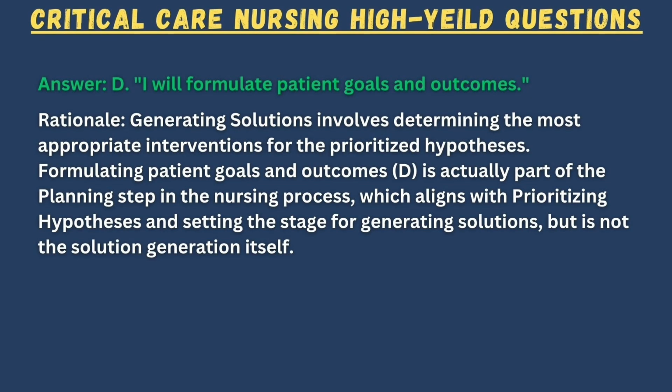Answer: D. I will formulate patient goals and outcomes. Rationale: generating solutions involves determining the most appropriate interventions for the prioritized hypotheses. Formulating patient goals and outcomes, D, is actually part of the planning step in the nursing process, which aligns with prioritizing hypotheses and setting the stage for generating solutions, but is not the solution generation itself.